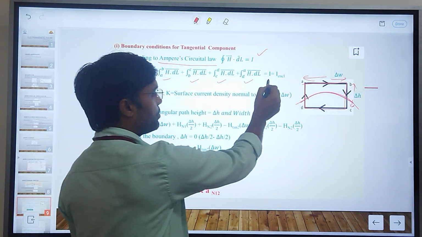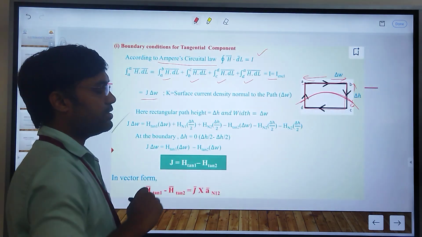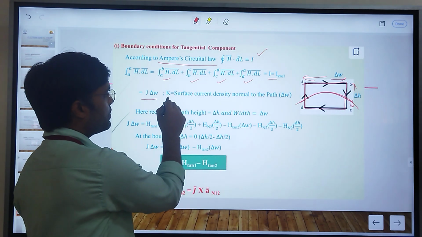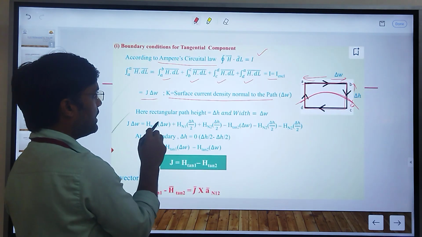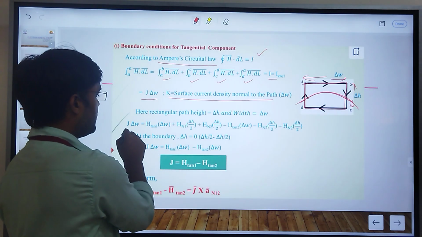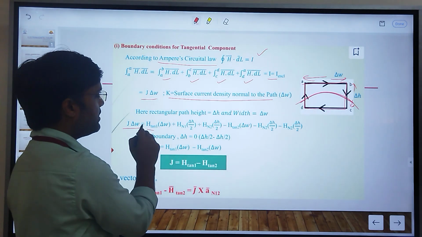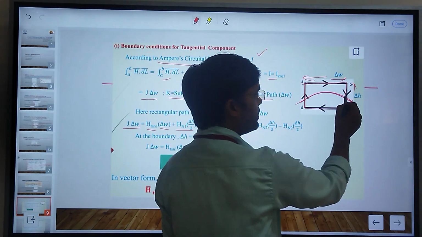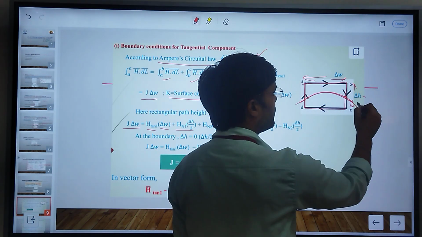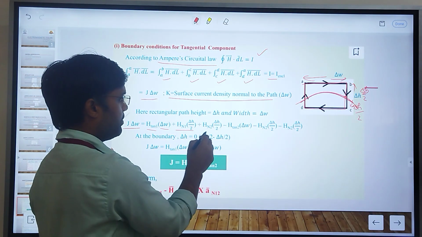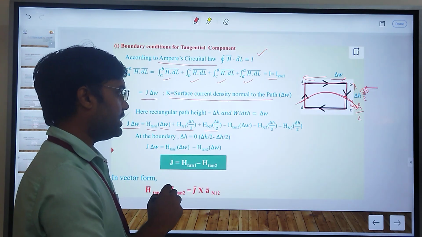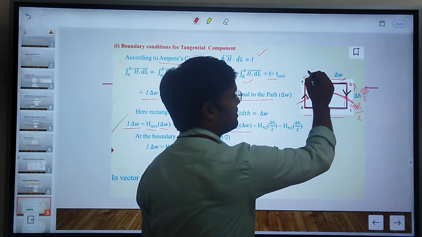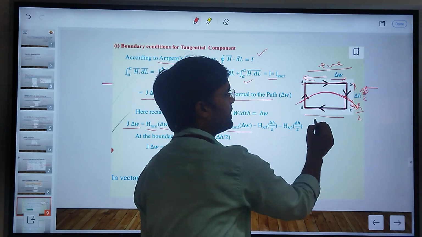So the total current can be represented as J dot delta W, that means the current density over the width delta W. K is the surface current density normal to the path delta W. So for the rectangular element, J dot delta W can be written as H1 tangential component times delta W, the width, plus the normal component of H times delta H by 2, plus the normal component of magnetic field intensity times delta H by 2, and minus the tangential component of H of width delta W. So this has been taken for positive and this has been taken for negative.